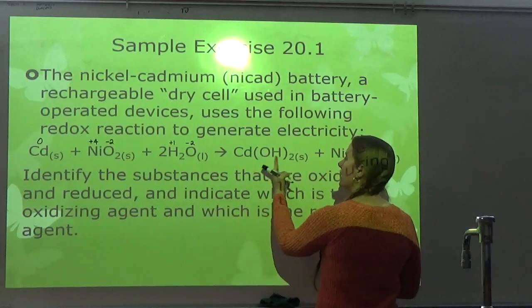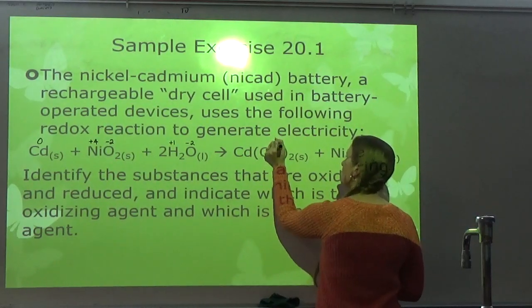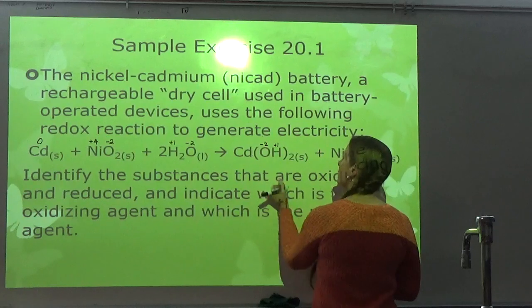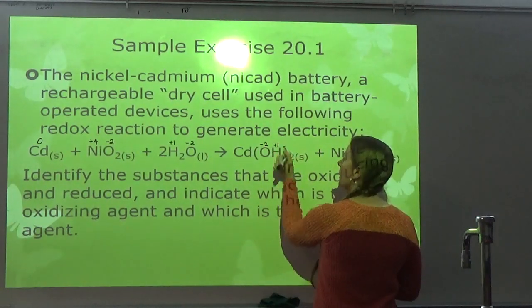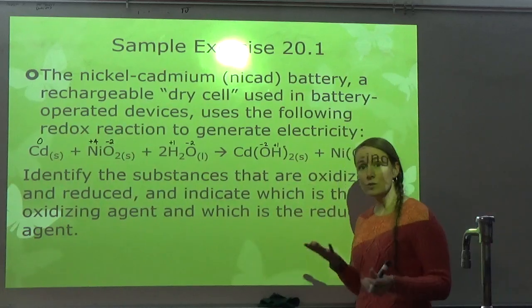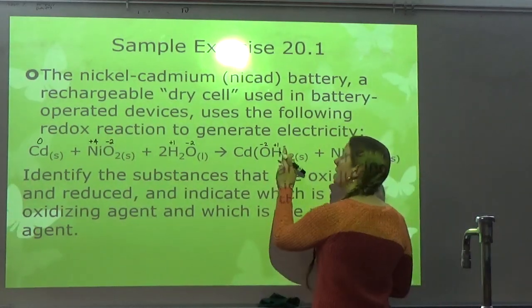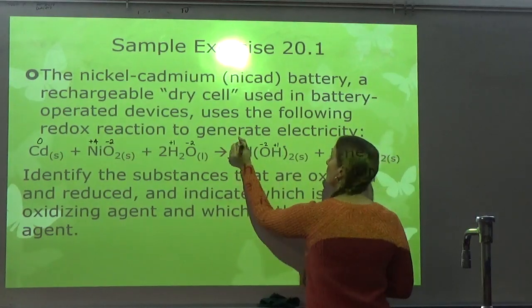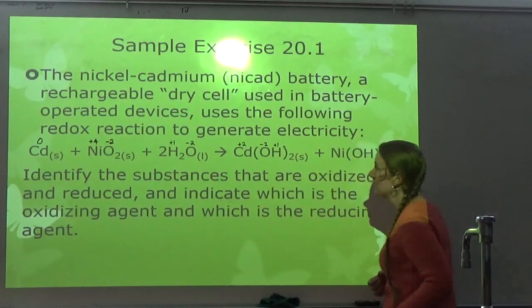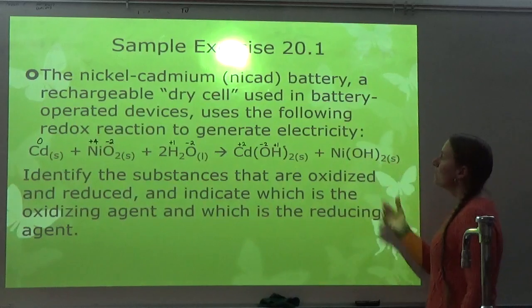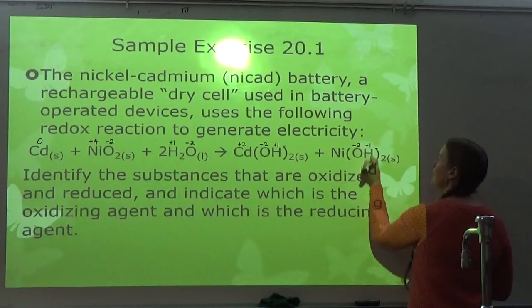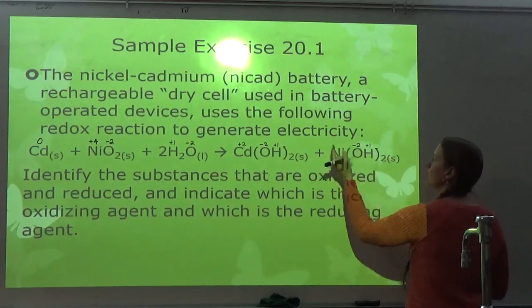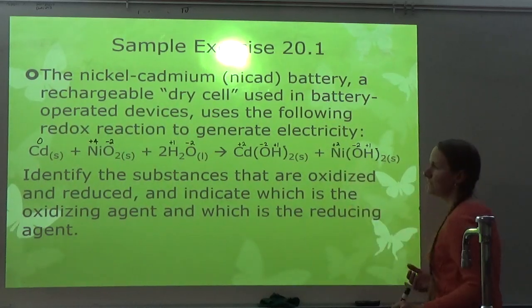Here we have OH, so hydrogen's +1 and oxygen's -2, and that makes sense because this should add up to the charge, which is -1 for hydroxide. Since there are 2 hydroxides, that's -2, so cadmium must be +2. Then here again, hydroxide has a -1 charge, so since there are 2 of them, nickel must be +2.